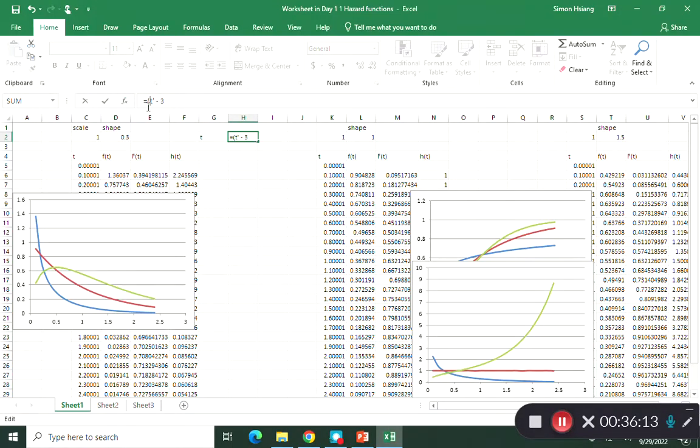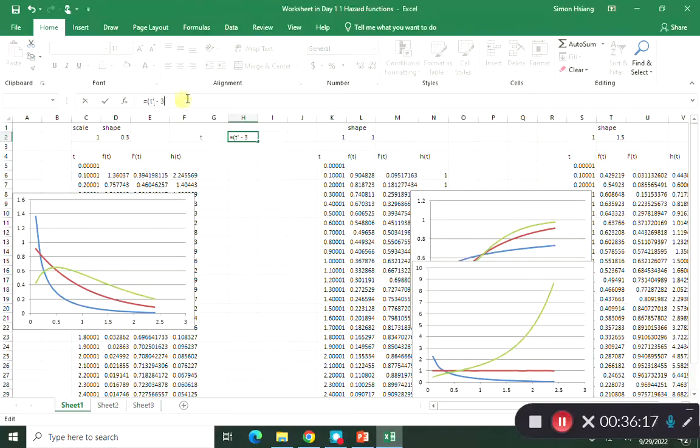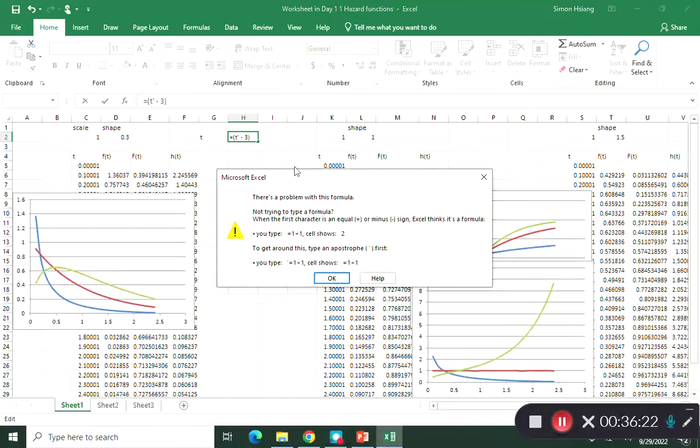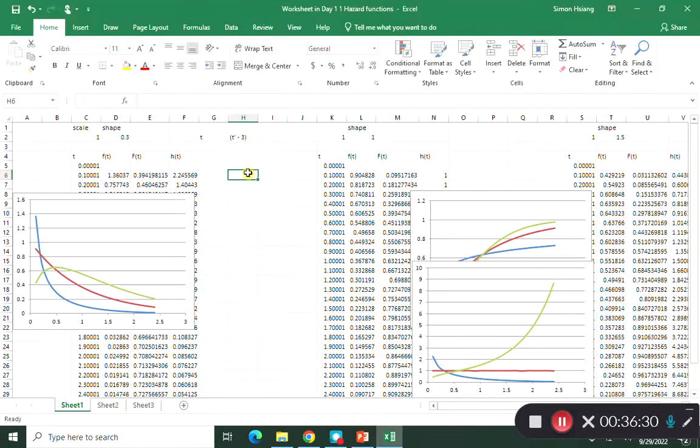My t should equal... Oh, I did not define that yet. Let me do it this way. t equals t prime minus 3.